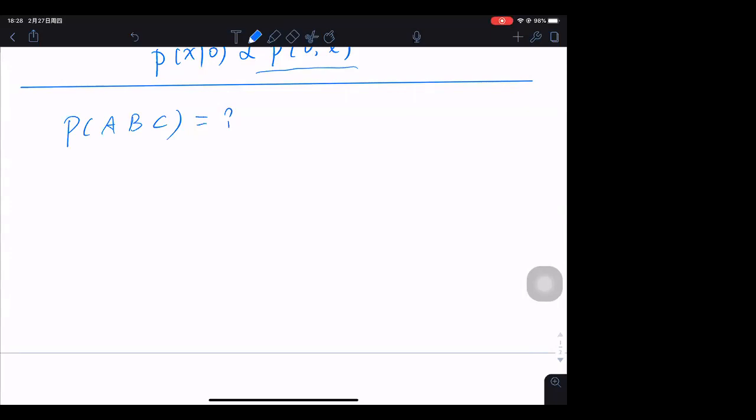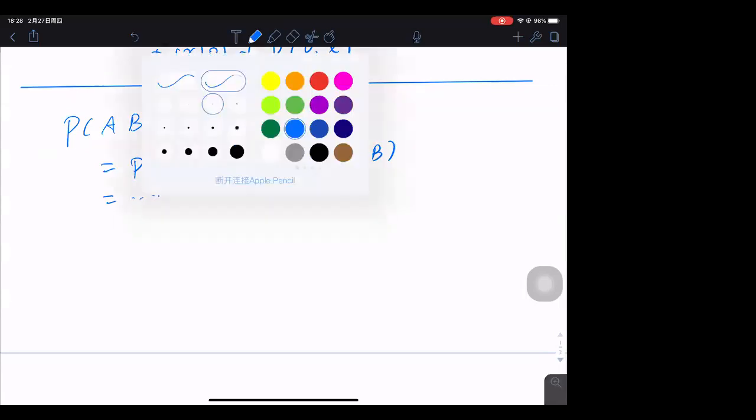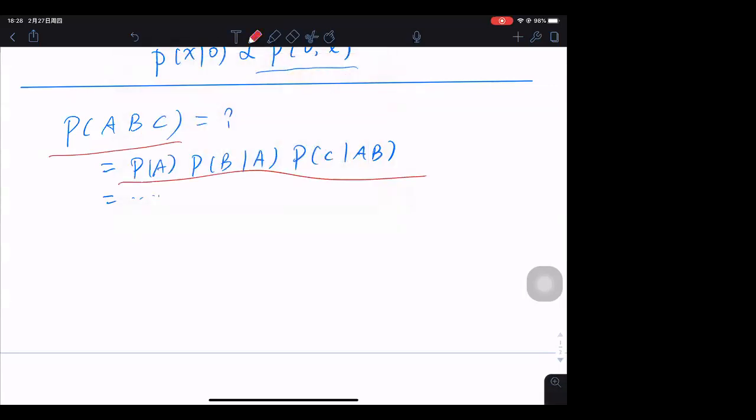For example, I can give you one example: P(A) times P(B|A) times P(C|A,B). Okay, this is one way to decompose. Also, there are many other ways. And this equation, the one I wrote here, is true for any kind of conditional assumptions, right?